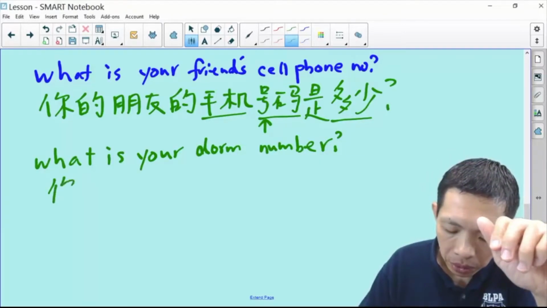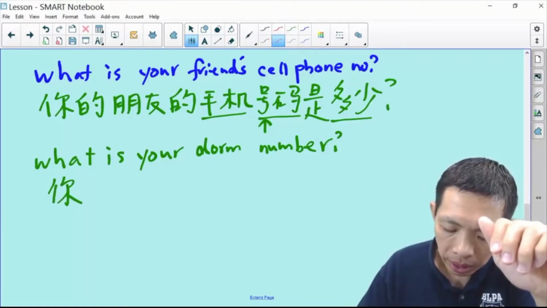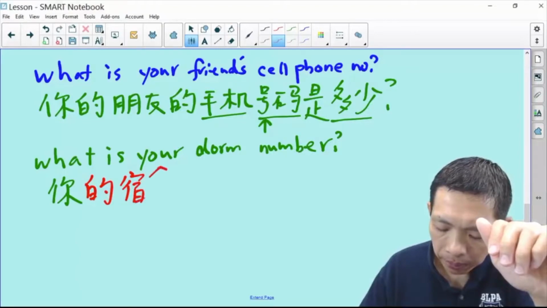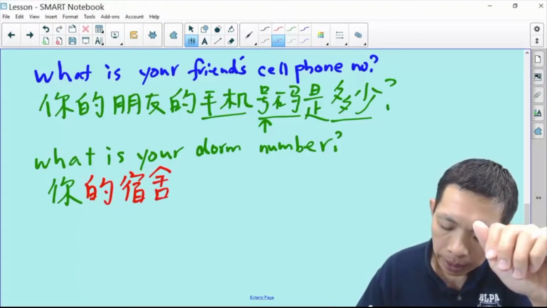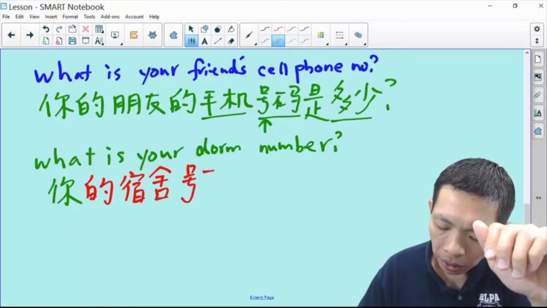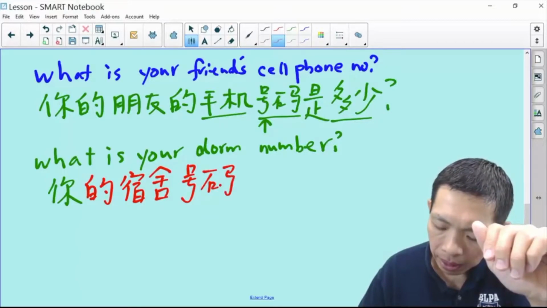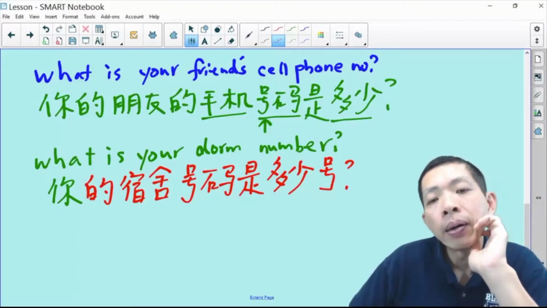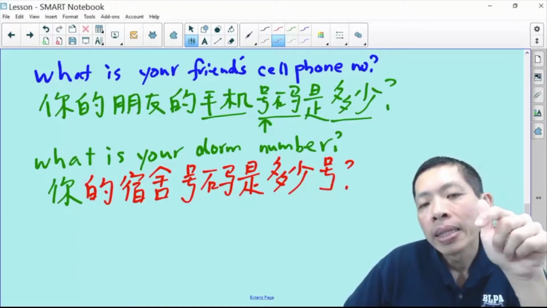So you actually have to say 你的宿舍号码. Now you always use 号码, and then 是多少. In this case, you will use a how in there. Okay. So why is that?